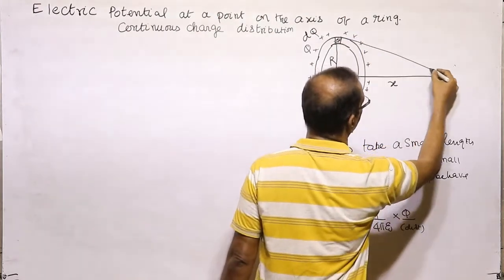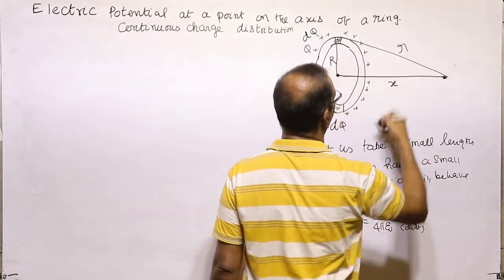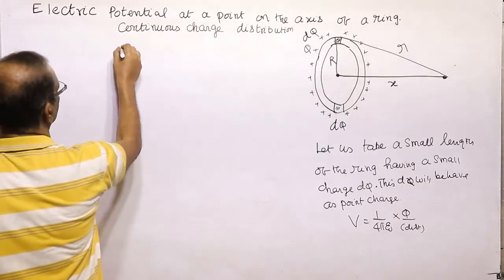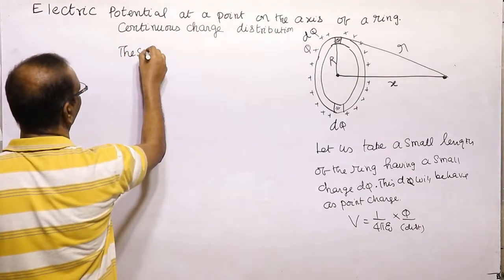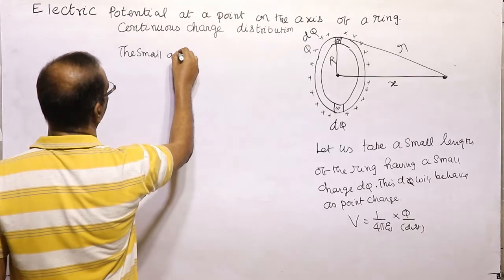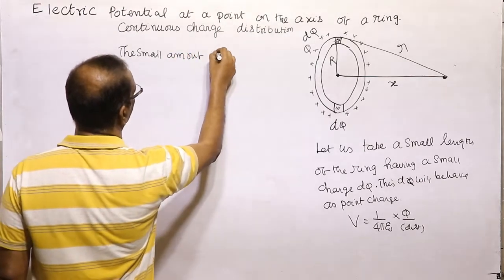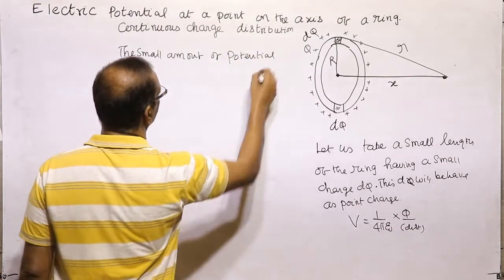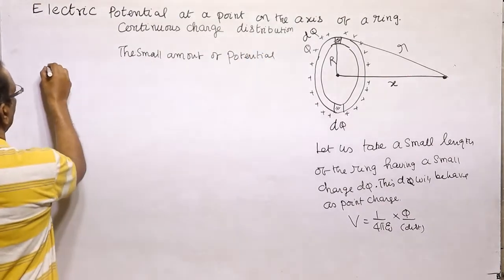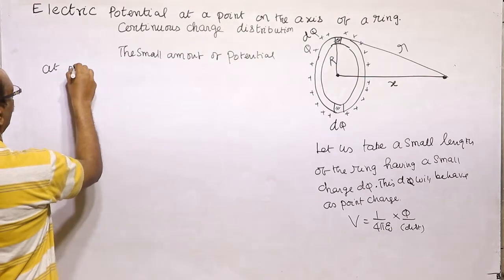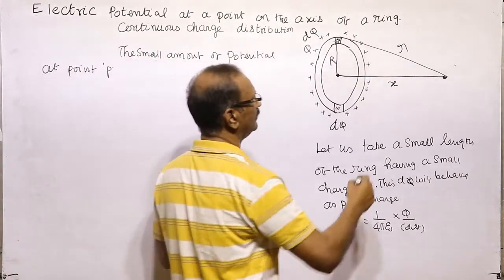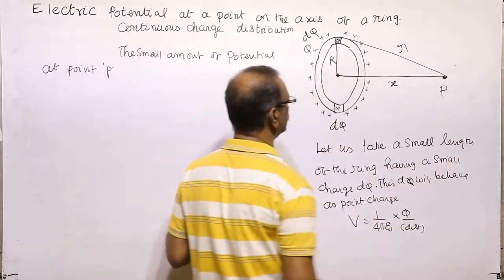We call the distance r, and we want the small amount of potential at point P. We call this point P.